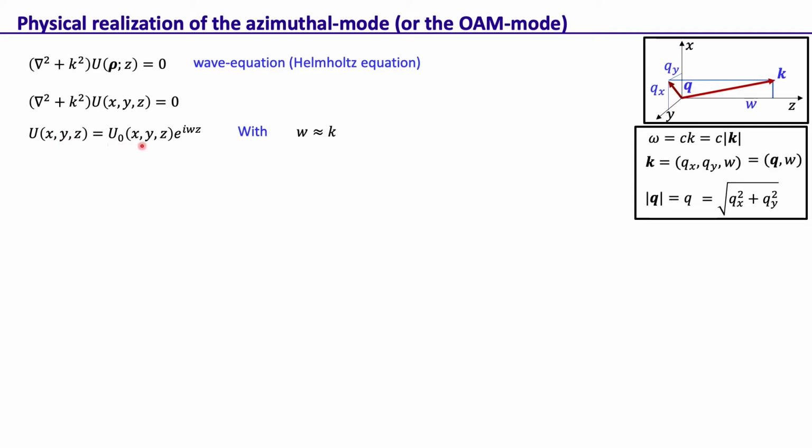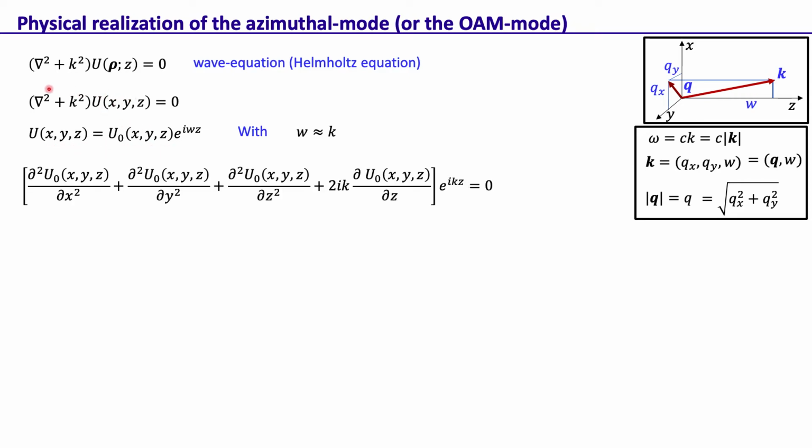That means the fastest variation with z is of the form e to the i omega z, and the z is also there in the envelope, but that's a very slow dependence. So if U(x, y, z) is of this form, then we can write this Helmholtz equation like this. In writing this equation, we have used the fact that omega is almost equal to k.